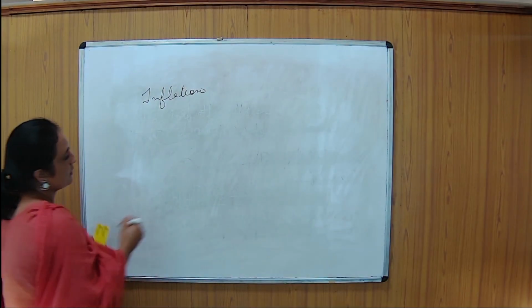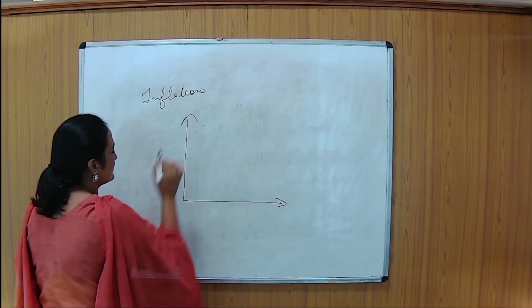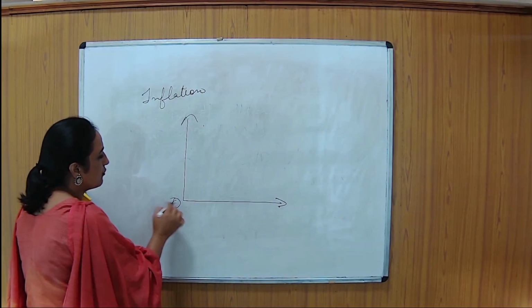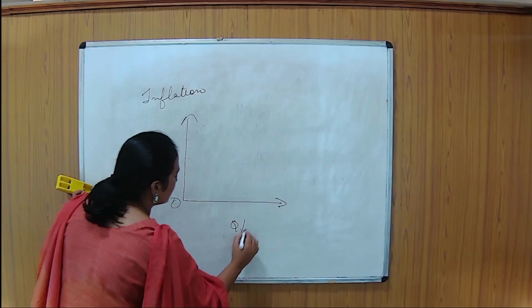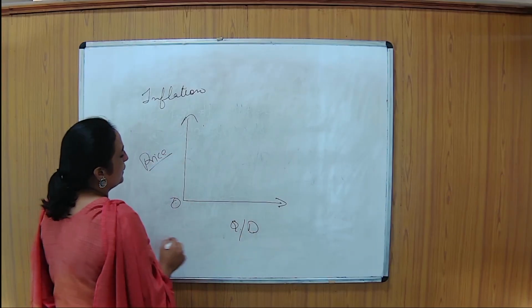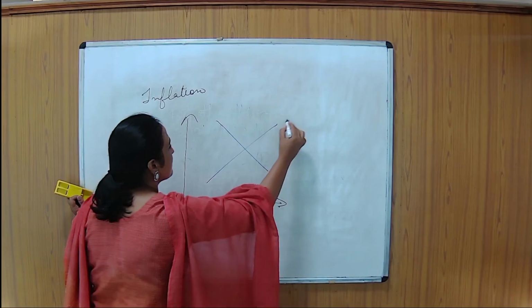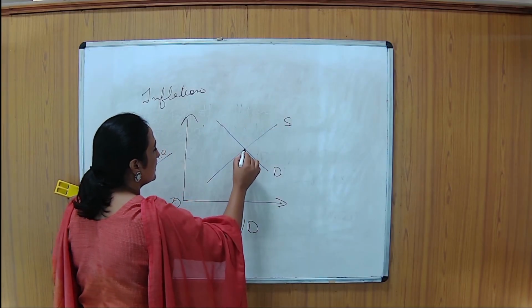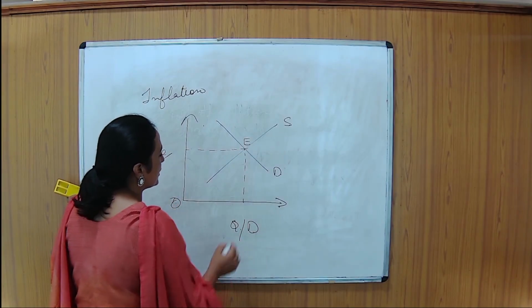So this is the x-axis and y-axis, and this is the point of origin. Here is quantity, or you can say demand, and here is price. This is a demand curve and this is a supply curve in an economy, and this is the point of equilibrium where demand and supply are in equilibrium.